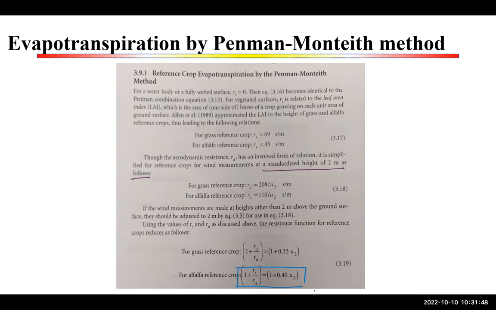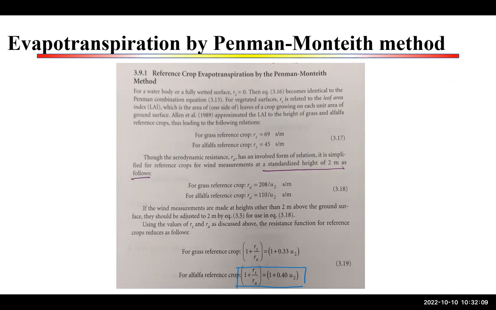What is U2? Wind speed at 2 meters from the ground surface, right? Now, do we know the wind speed at 2 meters? So we need to find that from that logarithmic profile.